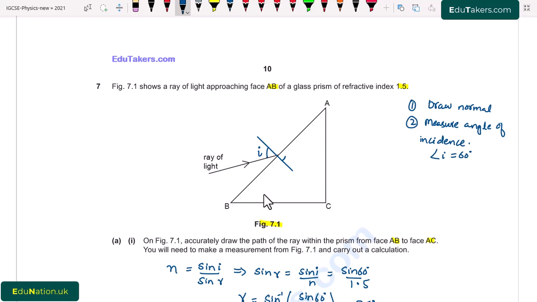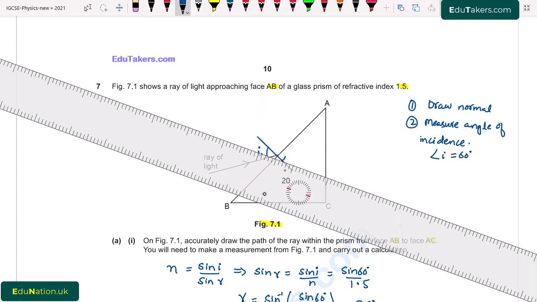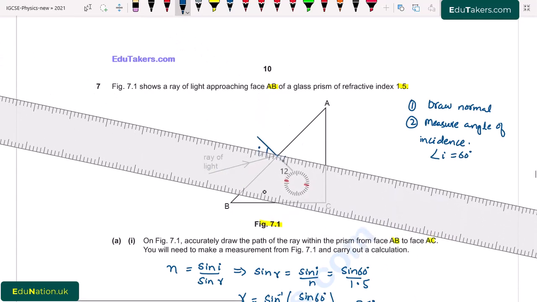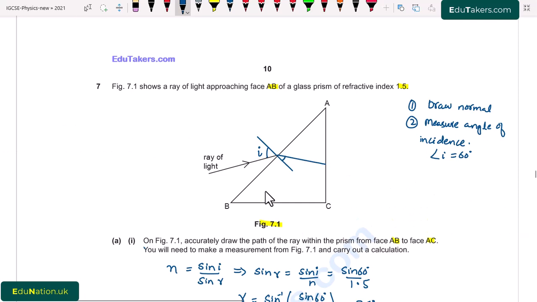I draw this ray just like this. This is the refracted ray inside this prism, so I label it the refracted ray with angle 35 degrees. So this is the path of this ray of light inside the prism.